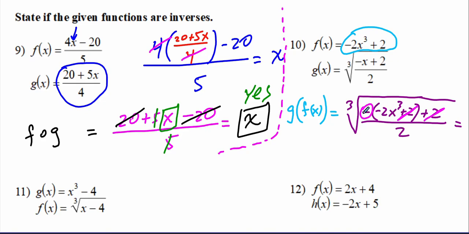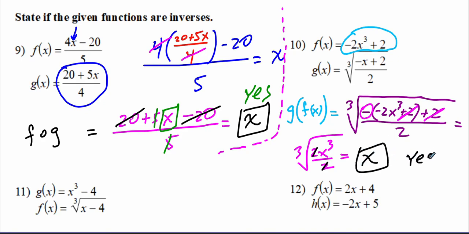What's left is this negative becomes a positive, and the 2 and this 2 will cancel. It leaves you x cubed on the inside with a 2 in front, divided by 2, and the whole thing cube root. The whole thing collapses: the 2's cancel, x to the third, but cube root will be x. So yes, they are inverses.